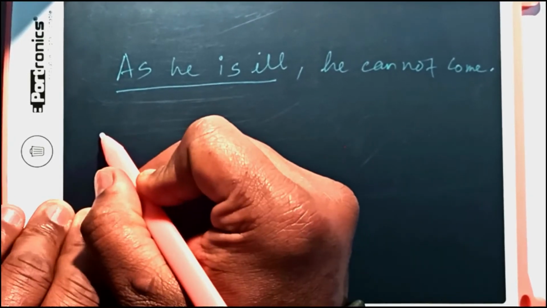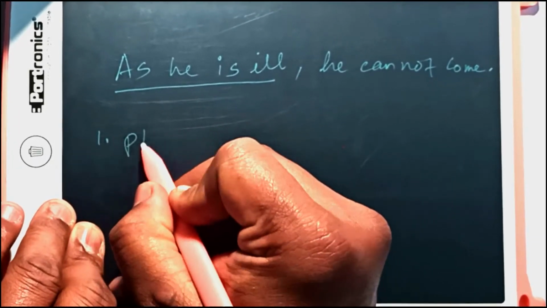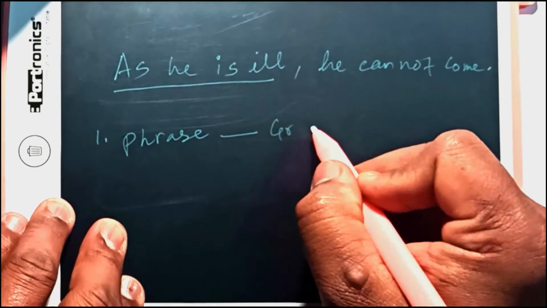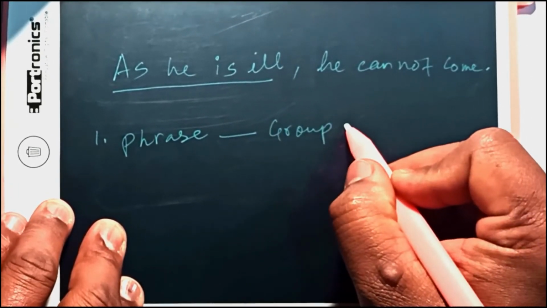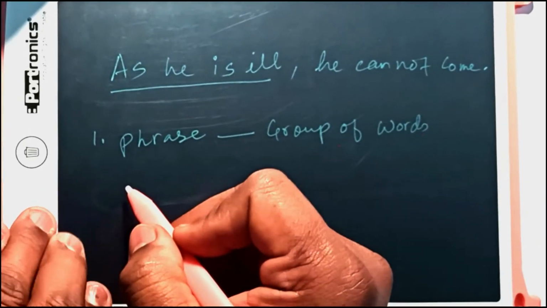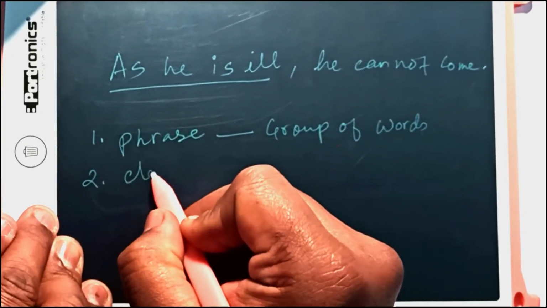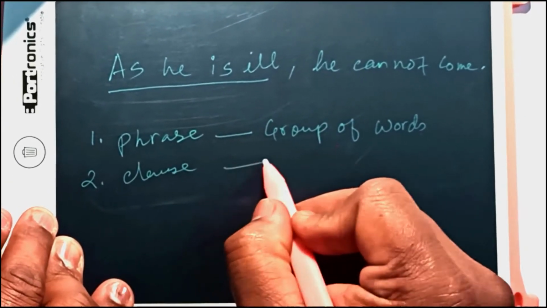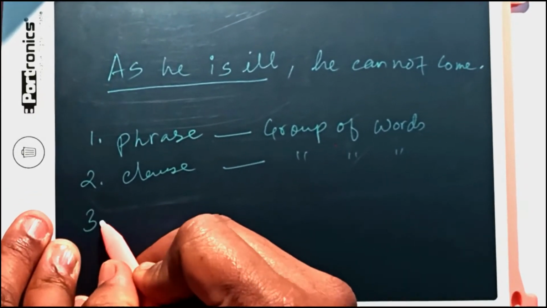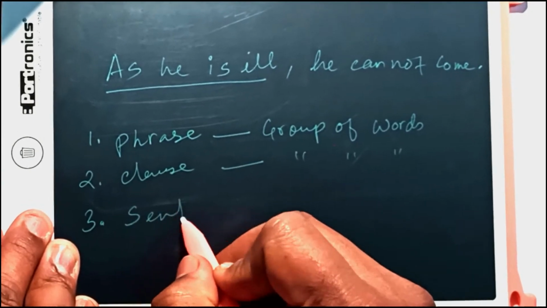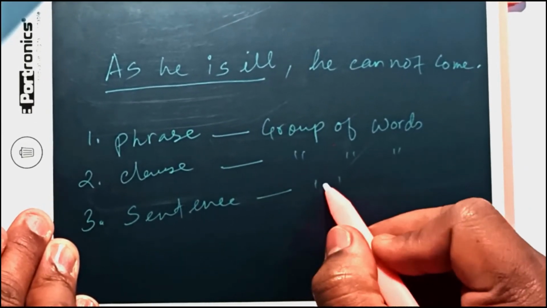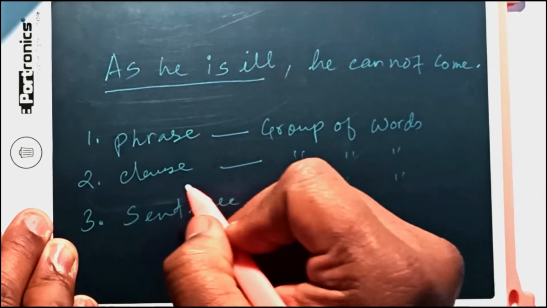Starting with a phrase, which is also a group of words, we have the next step, which is clause. Clause is also a group of words. Third is sentence. Sentence is also a group of words.